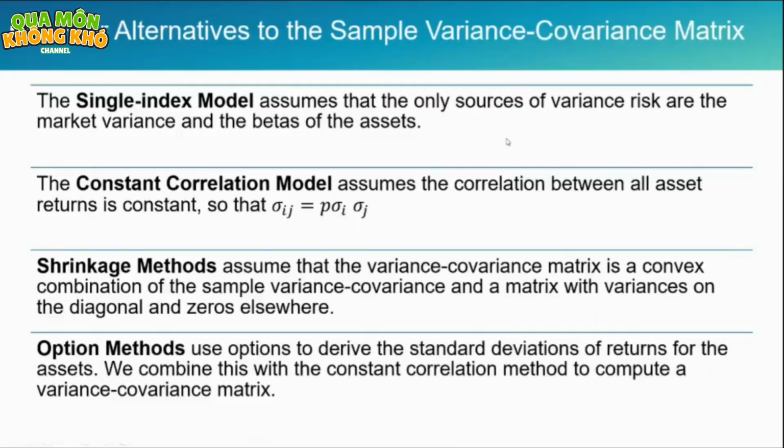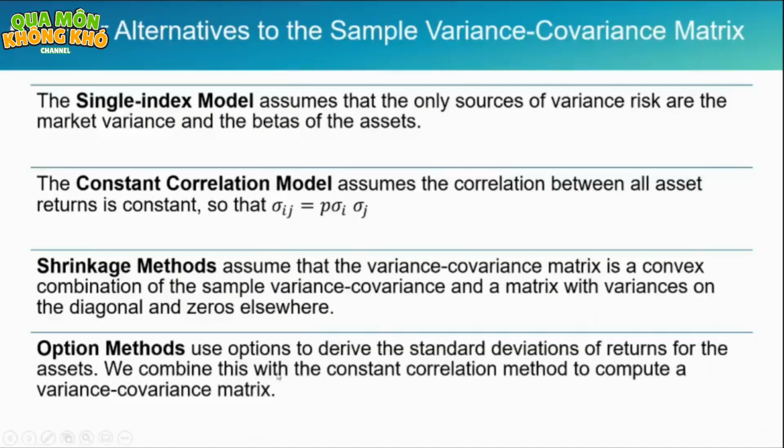The constant correlation model assumes the correlation between all asset returns is constant, so that sigma_ij equals rho multiplied by sigma_i and sigma_j. The shrinkage method assumes that the variance covariance matrix is a convex combination of the sample variance covariance matrix and the matrix with variance on the diagonal and zero elsewhere.